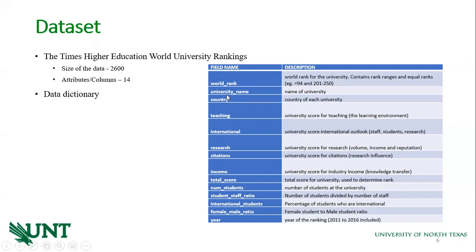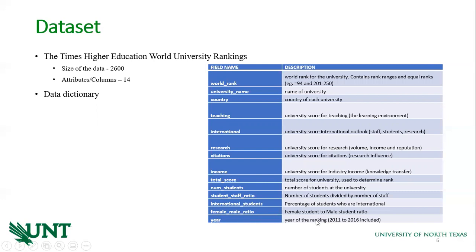These three attributes are the same in the CWUR and Times ranking systems. And then the teaching, international, research, citations again. The citation is the only metric that we have in common in both ranking systems. Then the income, total score, number of students, student-staff ratio, international students, female and male ratio, and the year again.